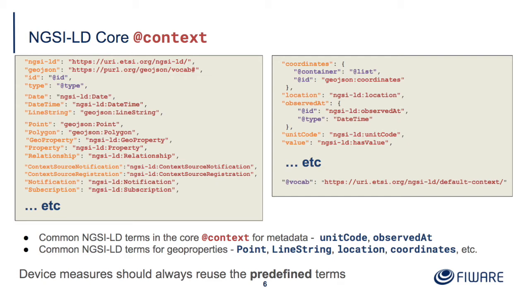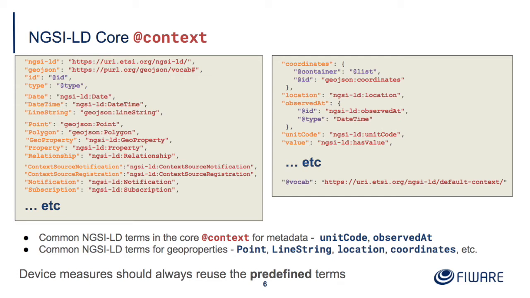The core context is not very long, but it gives you a series of terms which are non-negotiable, effectively. There will be definitions like point or polygon or geoproperty, which are already defined by authorities. So, for example, GeoJSON has got an NGSI-LD, the JSON-LD specification.